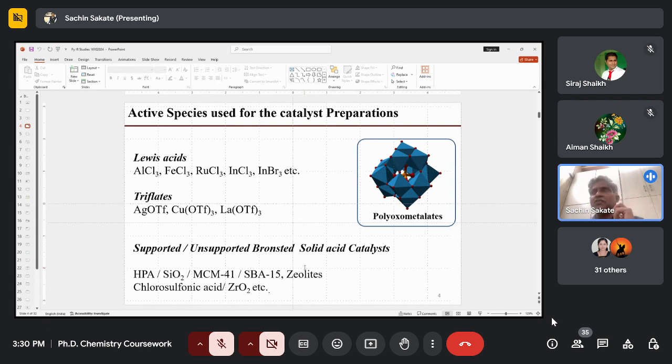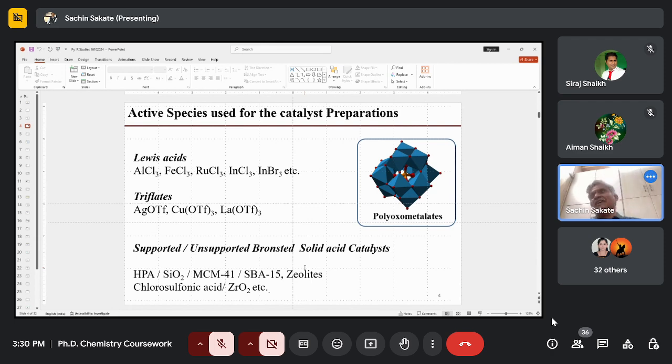The Keggin structure is very well studied, and that compound is phosphotungstic acid. Phosphotungstic acid is a very good solid acid which is widely used in catalysis nowadays, and it is a Bronsted acid. That is what I want to emphasize, and its acidity is more than chlorosulfonic acid.